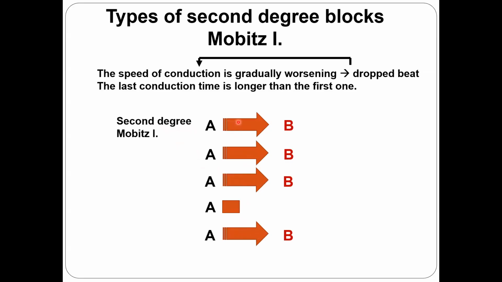As you see here, the conduction velocity slows gradually until there is one complete block. Then a little rest is enough for the conducting area to repolarize completely and start again. So there is some kind of rhythmicity inside this conduction abnormality.